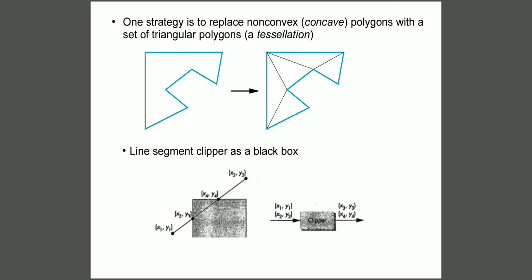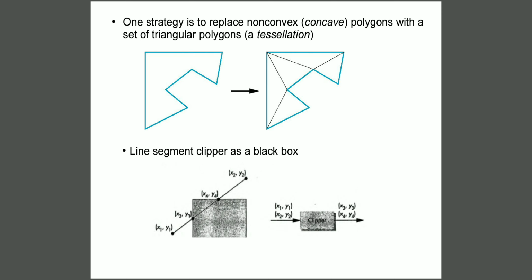For that, we'll give the input to a clipper as 2 endpoints of a line segment, that is x1 y1 and x2 y2. When we give this input to a clipper, the clipper gives the output as 2 vertices again, x3 y3 and x4 y4. These 2 vertices are the newly calculated intersection points by the clipper, and it is saying that the line segment between x3 y3 and x4 y4 is only visible to the user and the remaining part is clipped off.